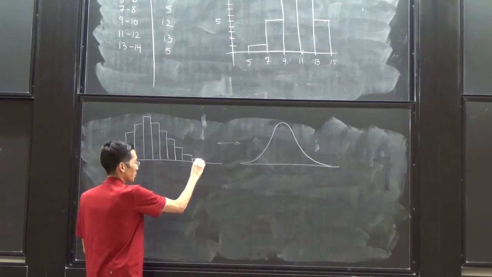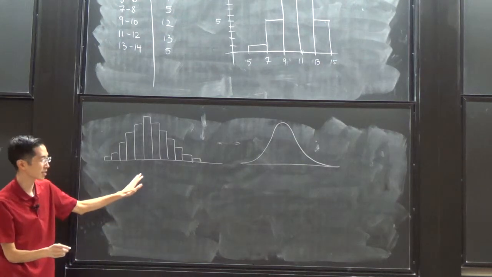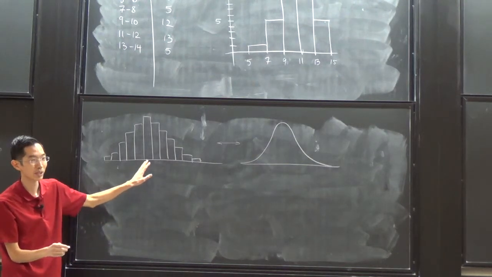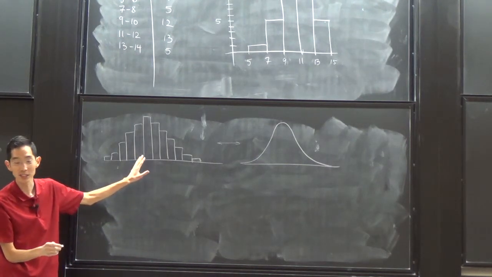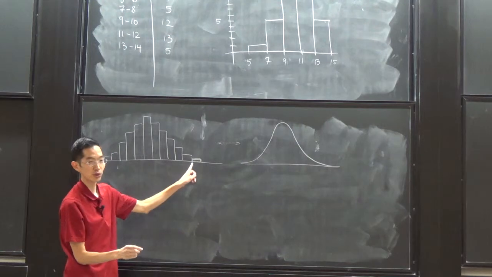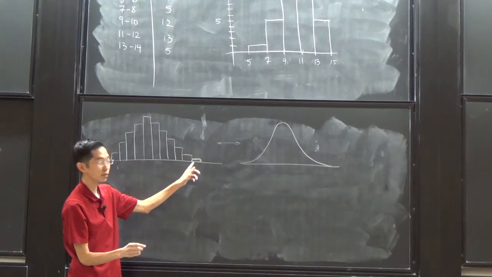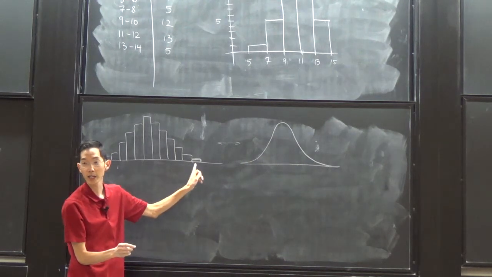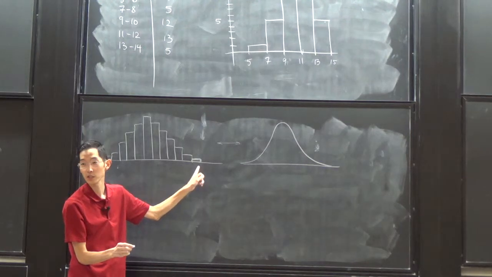So, whatever my numeric variable is, whether it's height, weight, number of piglets surviving, this piece over here represents an individual, or maybe a few individuals, with a high value in the numeric variable.